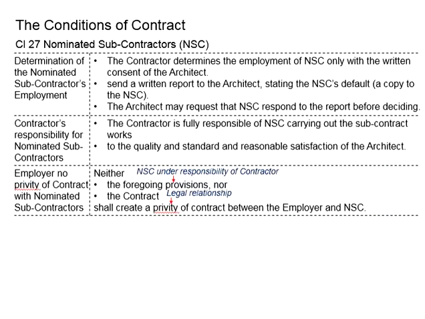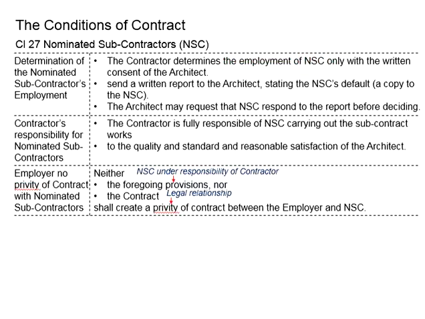In this video, we're going to extend our discussions related to the determination of the nominated subcontractor's employment. That means we are talking about the circumstances in which the service of the nominated subcontractor can be terminated. The PAM contract allows the contractors to determine the employment of the nominated subcontractor.